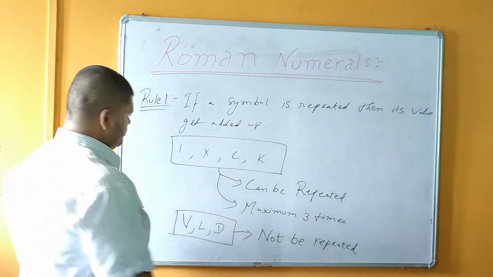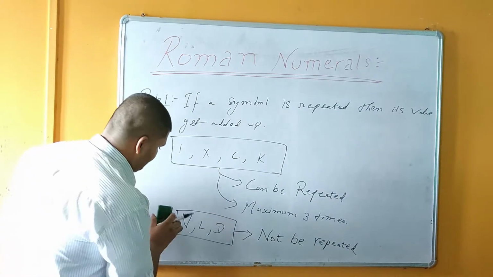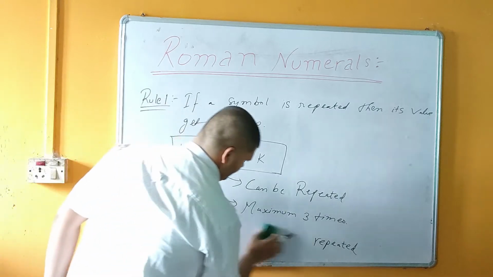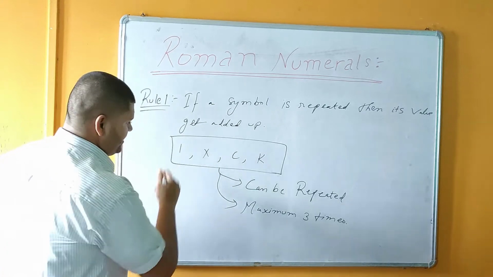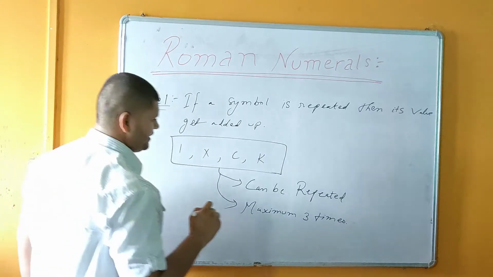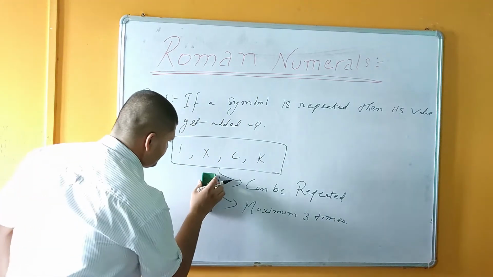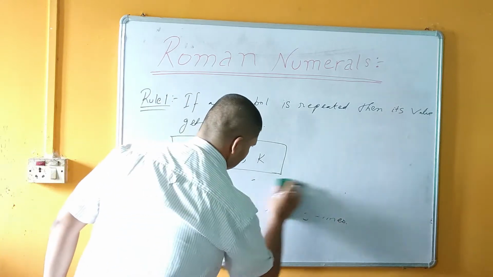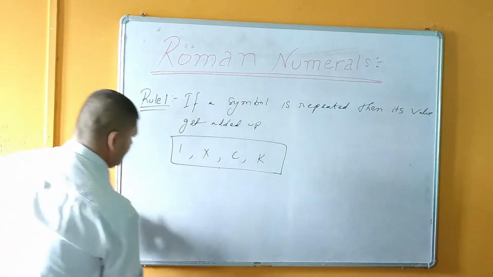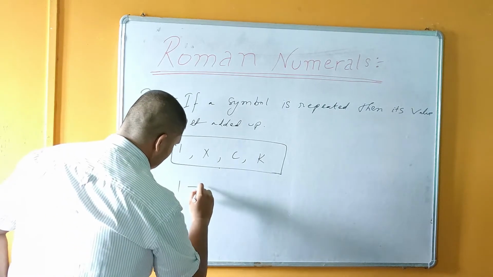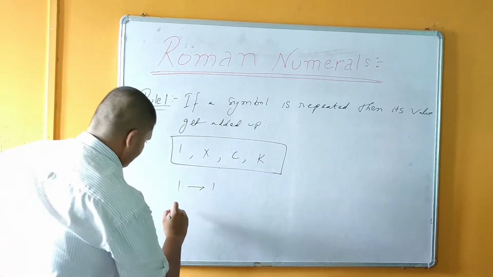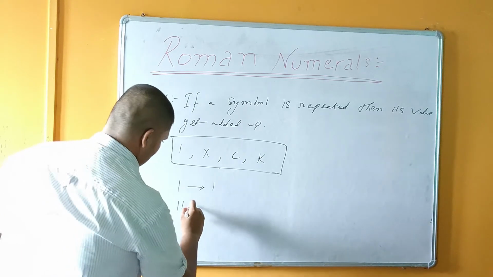Okay. So, what if I repeat this I? This I means simply 1. I am repeating double I. What does it mean?